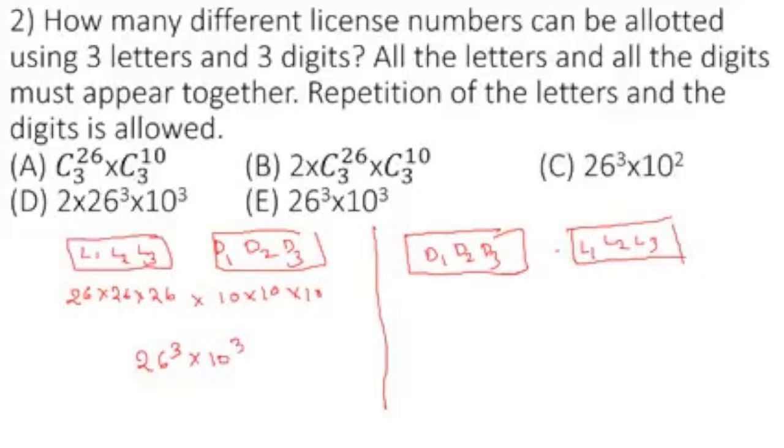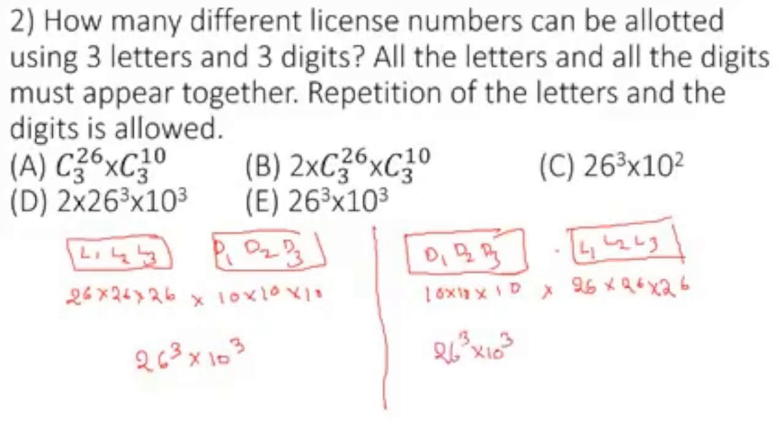Similarly, what is the other way here? Digits can happen first, 0 to 9, again 10 times 10 times 10 here. Why is it 10 times 10 times 10? Because repetition is allowed. Then letters, alphabets, again 26 letters, 26, 26, 26. So the answer will be 26 cube into 10 cube here.